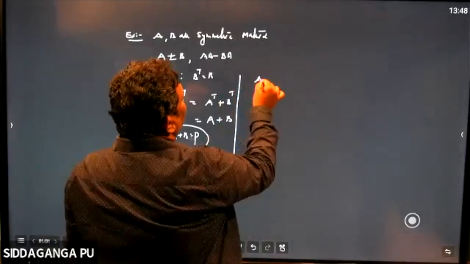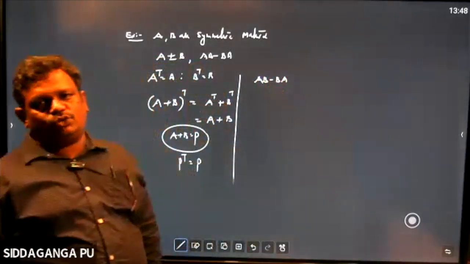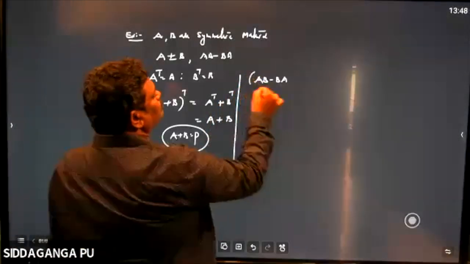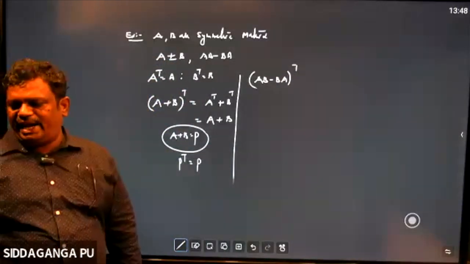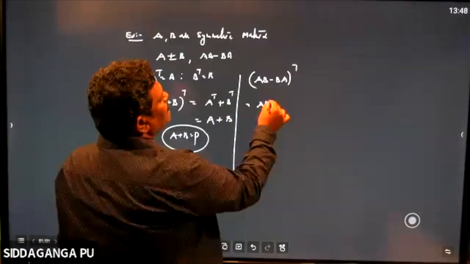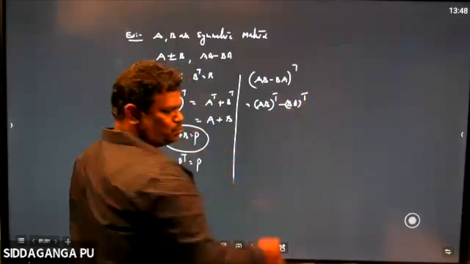Whenever a question asks symmetric or skew symmetric, we can apply the transpose to the whole expression. AB minus BA whole transpose can be written as AB whole transpose minus BA whole transpose.